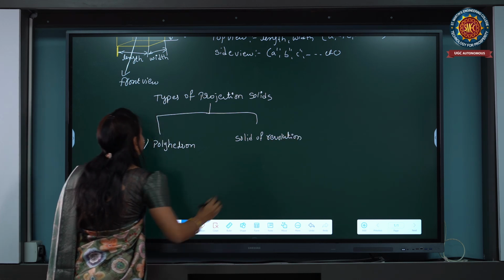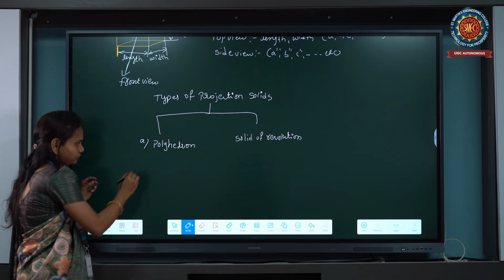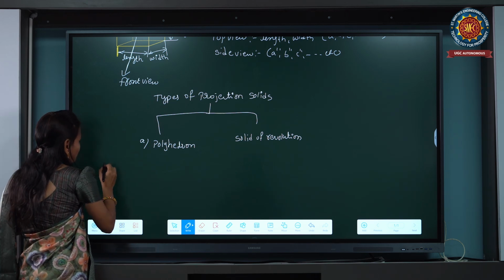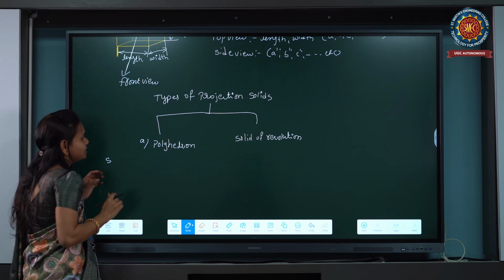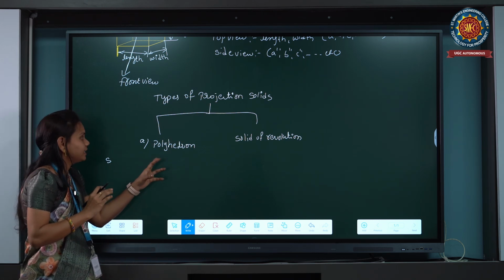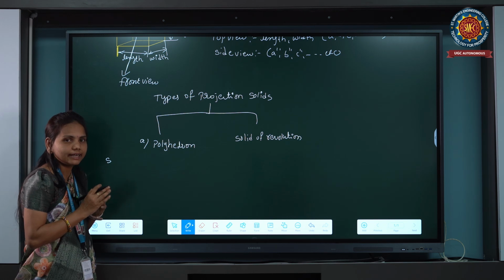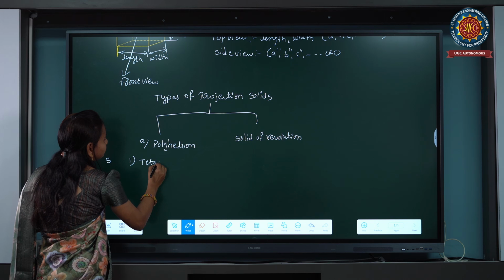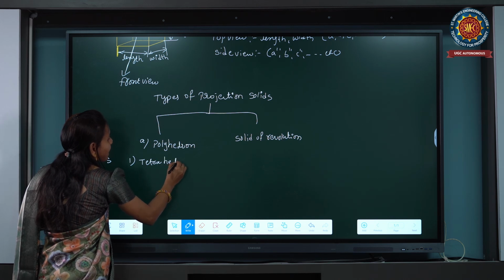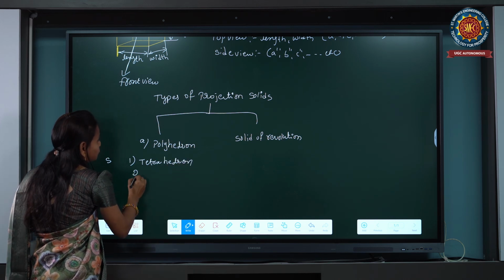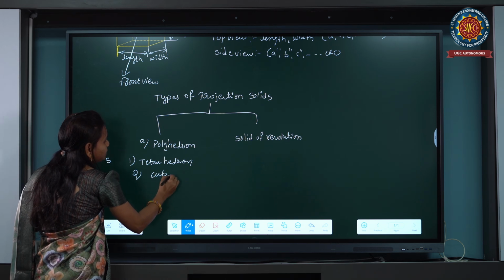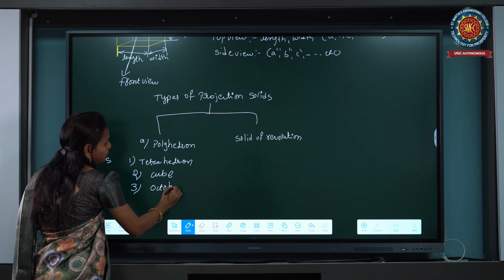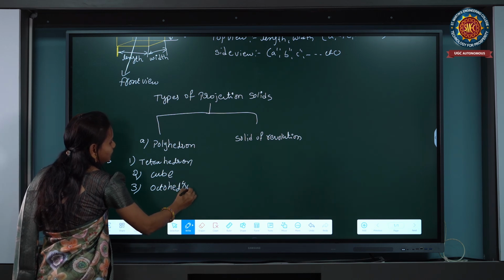So what is a polyhedron? A polyhedron is a solid bounded by faces. These are defined as three types. The first one is the tetrahedron, the second one is the cube, and the third one is the octahedron.